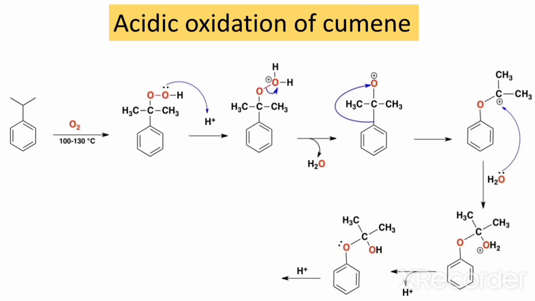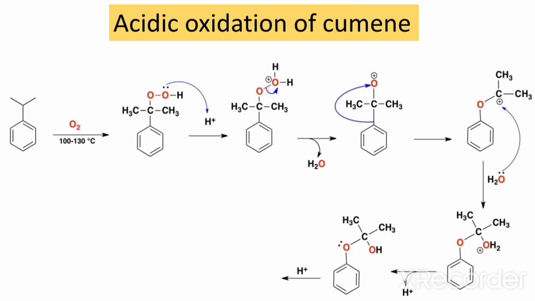When deprotonation occurs in this compound, the oxygen has two bonds with hydrogen, and from this point the hydrogen is removed as a proton, and we have the hydroxyl group.